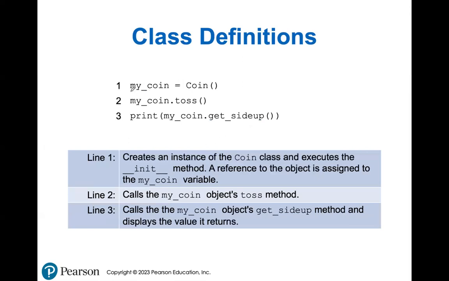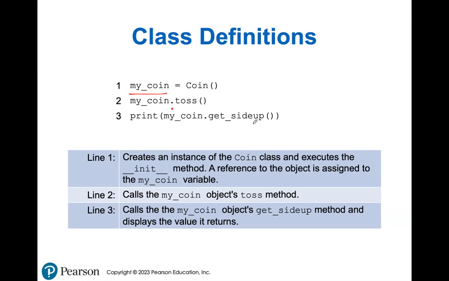So in this case, we have created an object called myCoin that is a part of the Coin class. Then whenever we want to use the toss method, remember the toss method is going to assign either heads or tails to our coin. We just put myCoin.toss with parentheses. And then another method, getSideUp, and that was the last one that I showed you in that class.